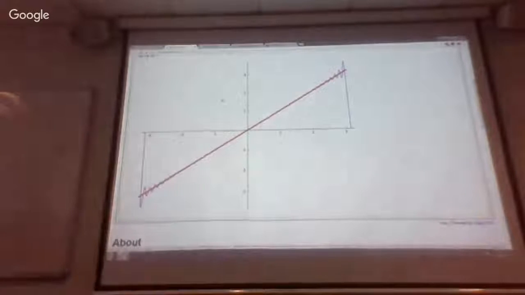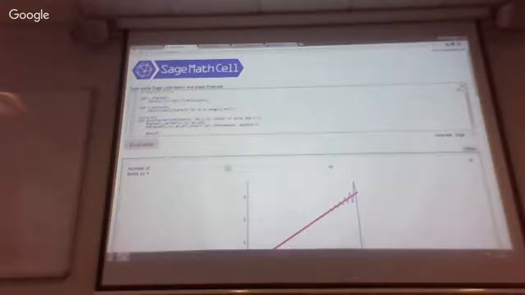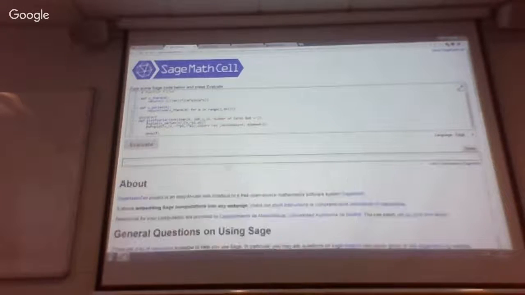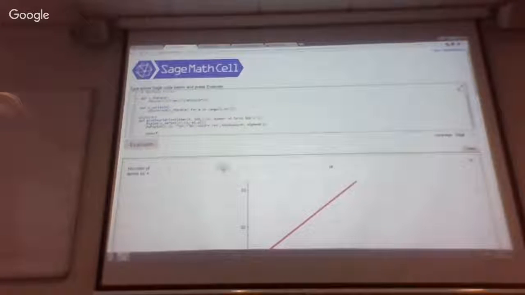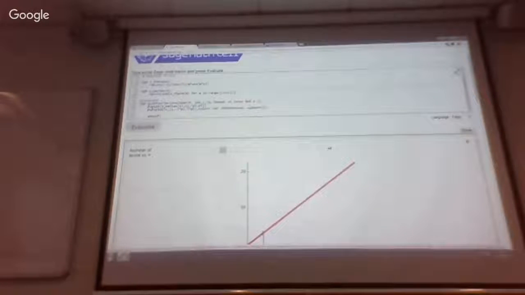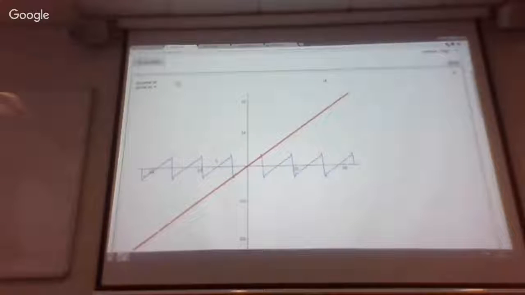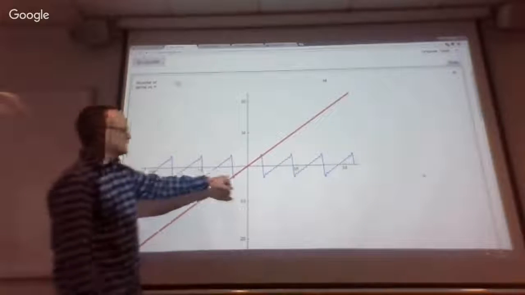If you extended the range of this plot, you would see the Fourier series is periodic. I can probably do that just in the code. If I do minus 7 times pi to 7 times pi, you get the idea.